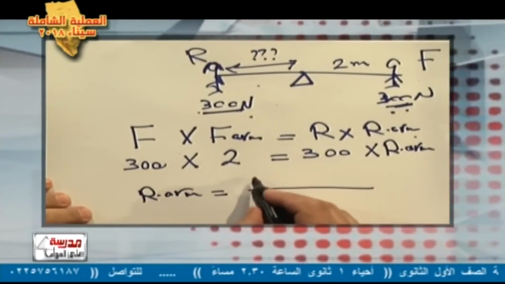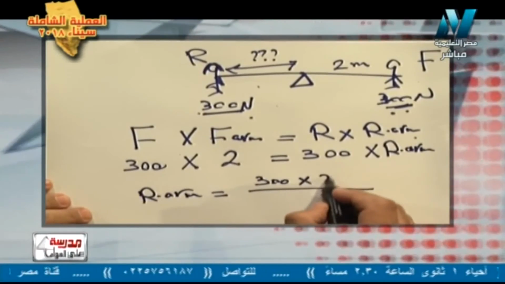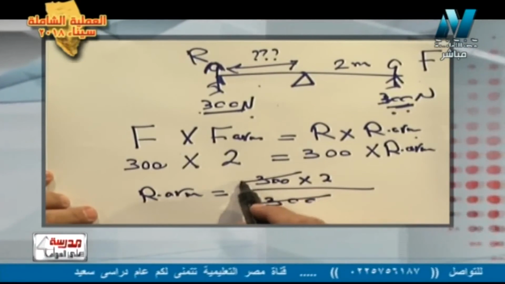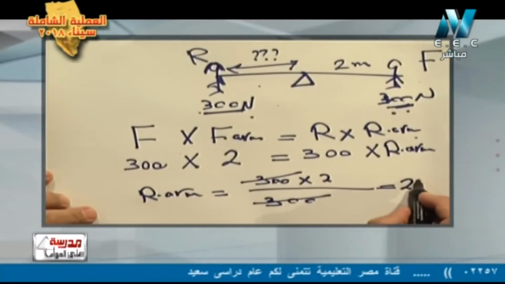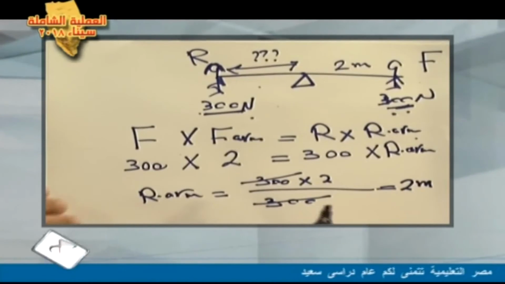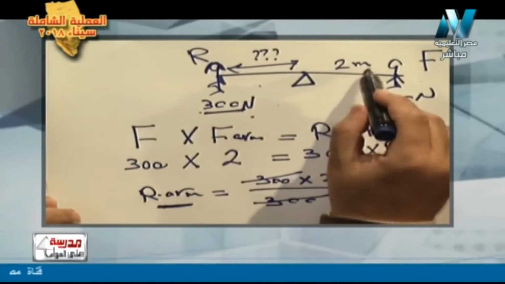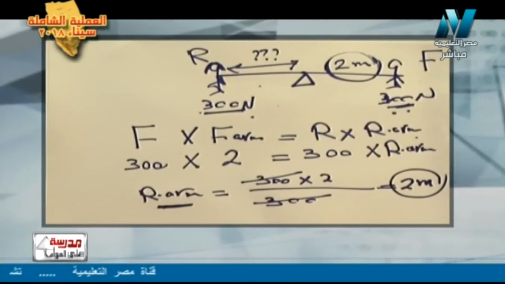It will be 300 by 2 divided by 300, so I can cancel 300 with 300 and it will also be 2 meter. I said the resistance arm has the same unit as the effort force arm, so they are 2 meter.